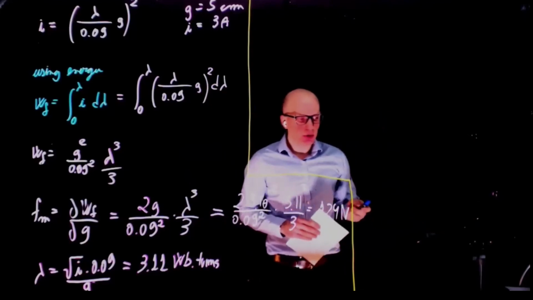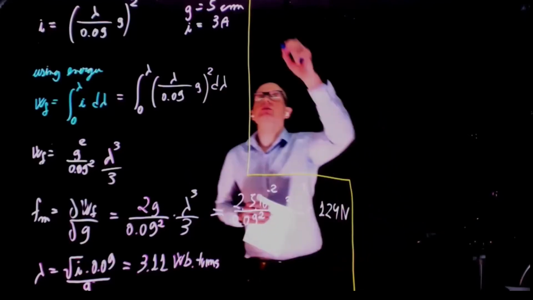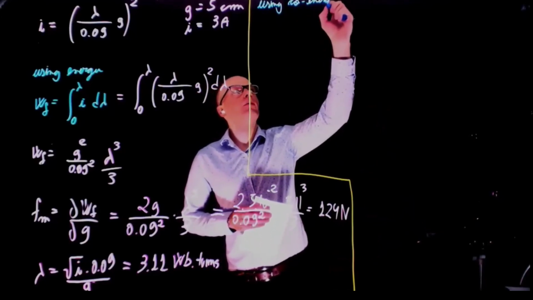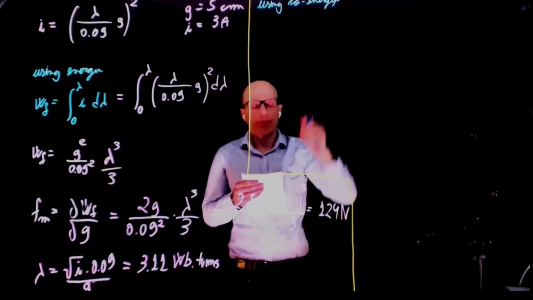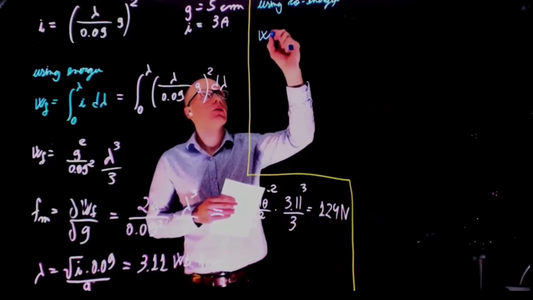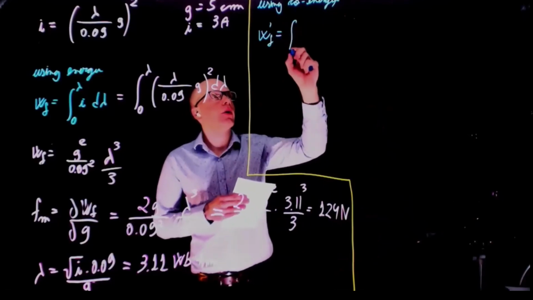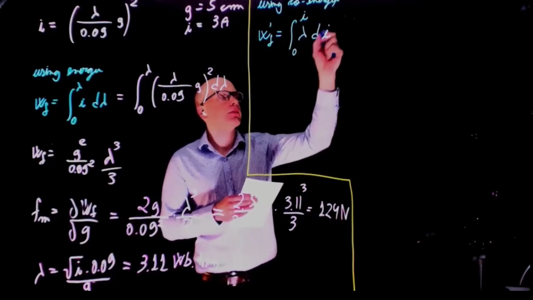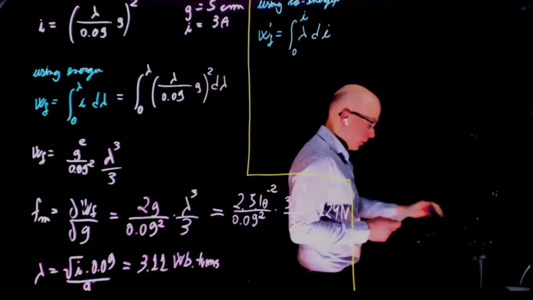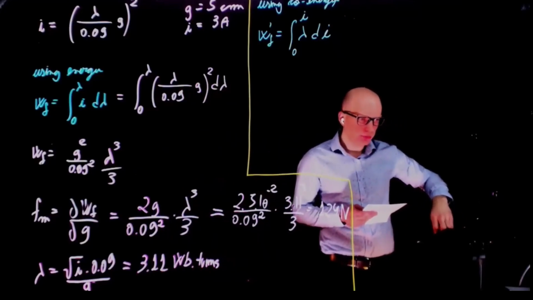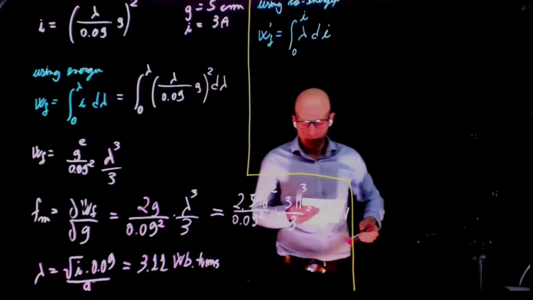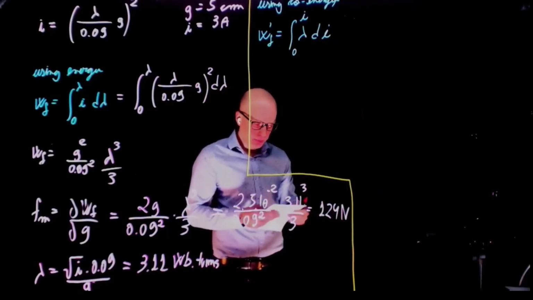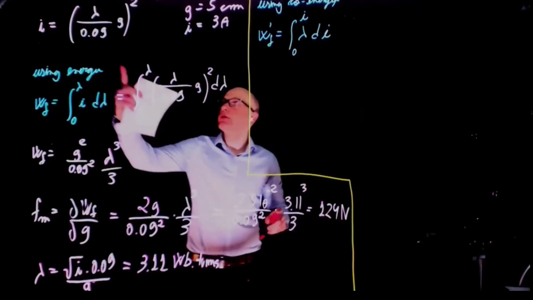All right, if there are no questions, then you can do the same, but now using the co-energy. What is the equation for co-energy? That's the integral from 0 to I of lambda di. So the current is given here.